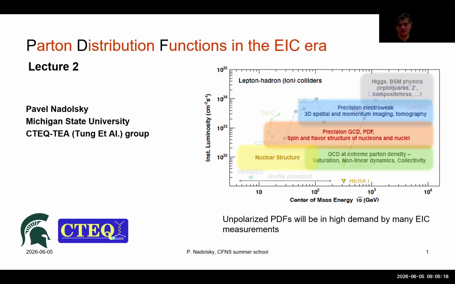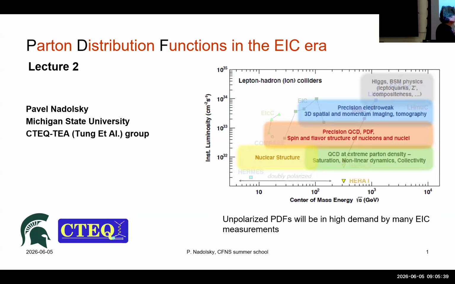Initially, both the energy and luminosity are relatively low, but as the program goes on, the measurements will be more and more detailed, and you can start by checking for evidence of new phenomena like saturation.